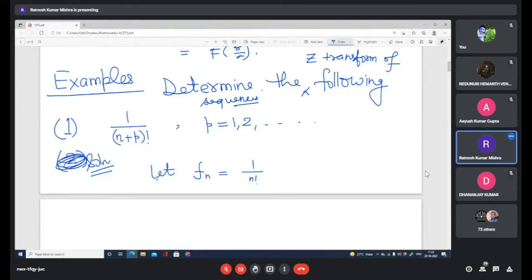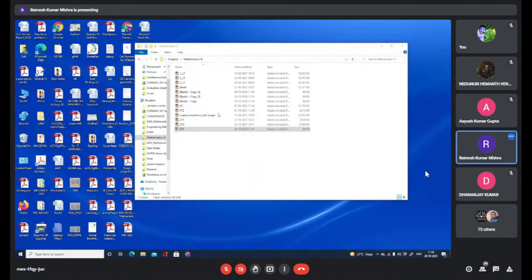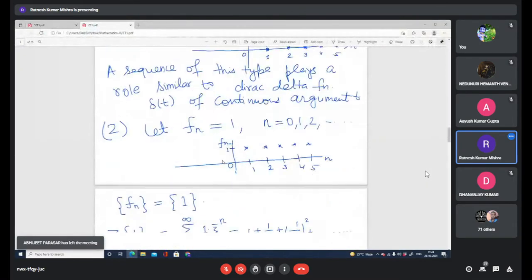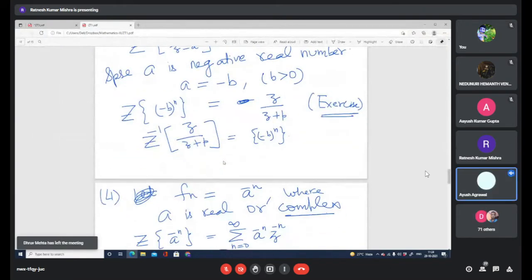Now find the z transform of this one, the z transform of f(n), that is, the z transform of 1 by factorial n. What is it? Sir, e to the power 1 by z.